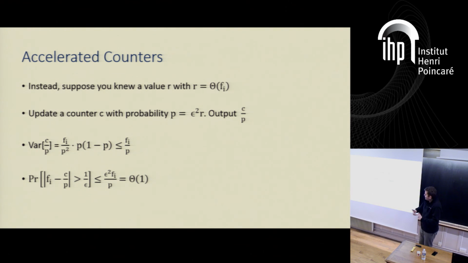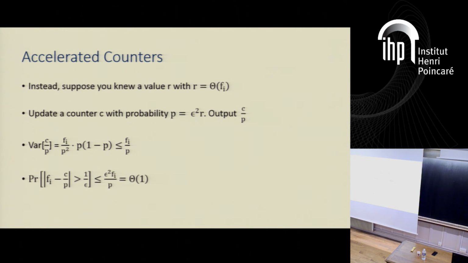So basically, as the frequency is getting larger, this probability is actually getting larger, exactly as it should be. Because for the more frequent items, we need to sample more of their items to get a 1 over epsilon additive error. So, okay, what happens when I plug in this probability? The epsilon squareds cancel. And if r is something like 100 times the actual frequency, this thing is 1 over 100.